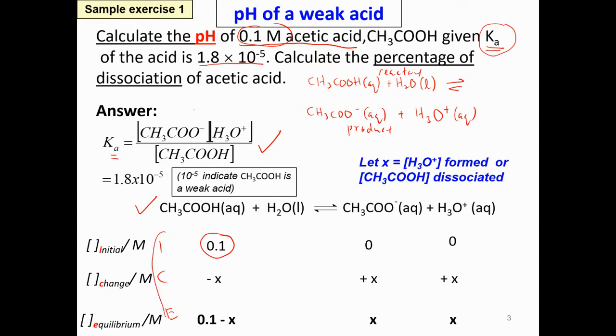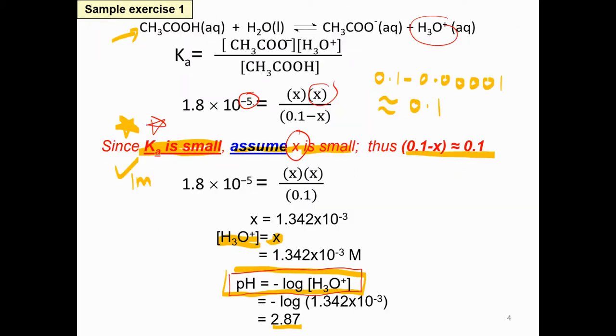Then third one, we build ice table. Then after we build ice table, we find X, initial or at equilibrium. But only specially for Ka, if it's very small, if it's -5 and so on, we make assumption. Okay, so that's all for this part.